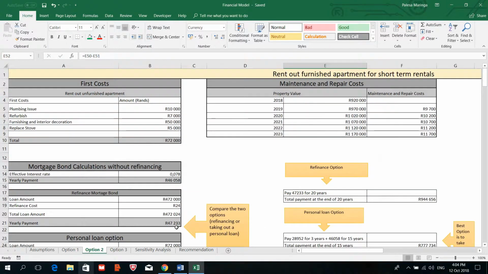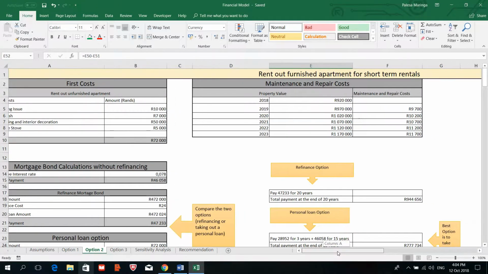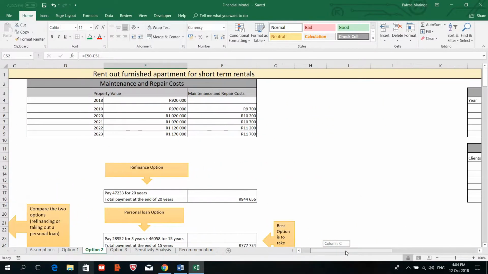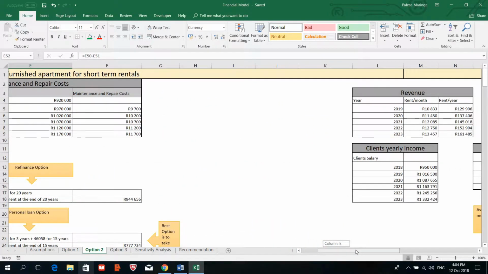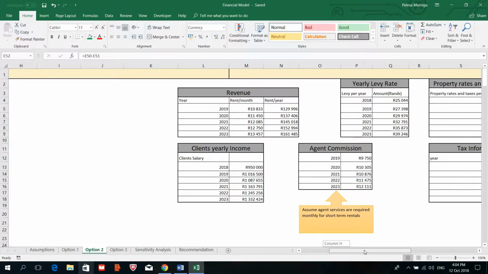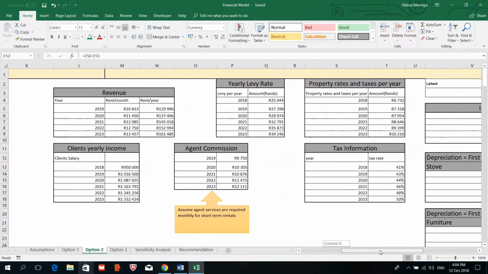The second option is renting out a furnished apartment for short-term rentals. I chose to rent out the apartment with Airbnb, okay? Airbnb gave me an amount of 10,833 for now, and I calculated an inflation rate for this rental amount for the next 5 years.